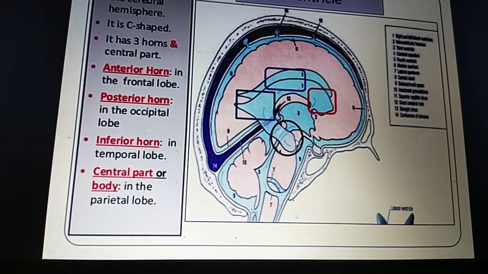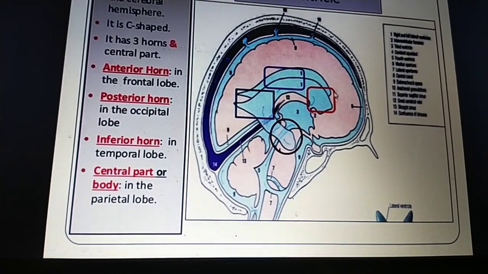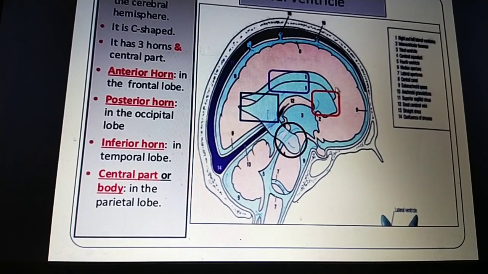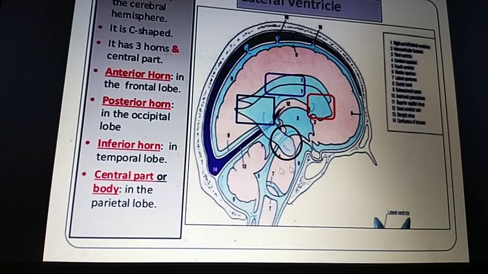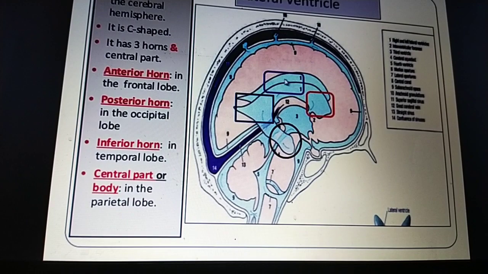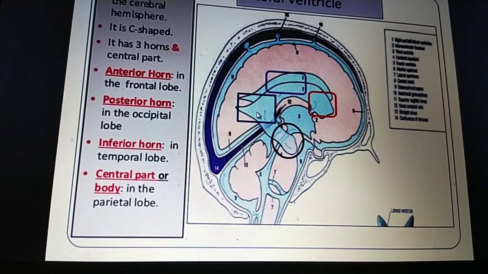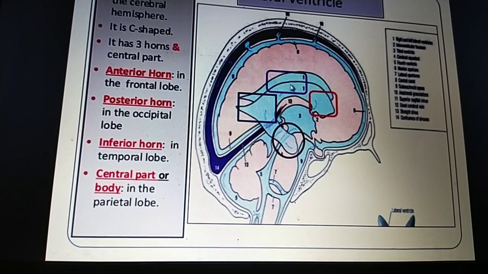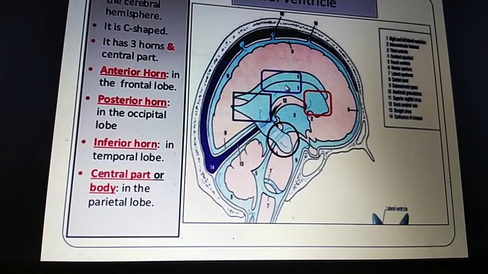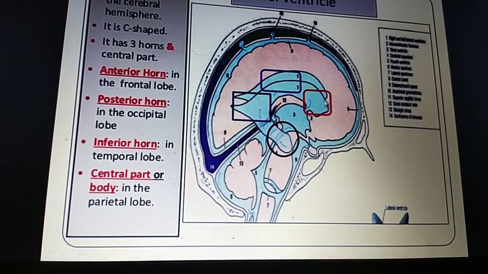Like that, it has three horns and one central part. This central part is called the body. Anterior horn, posterior horn, inferior horn, and body. The anterior horn is in the frontal lobe.